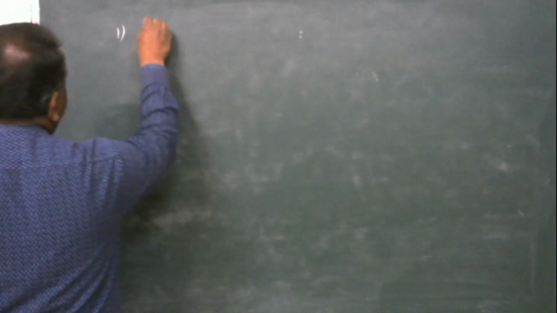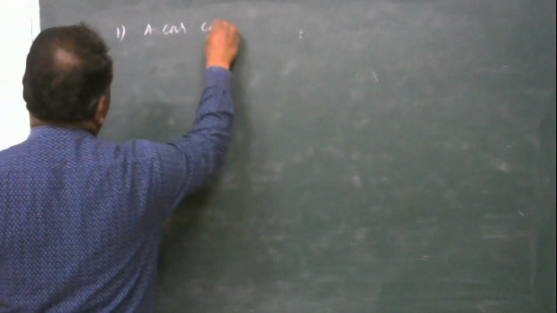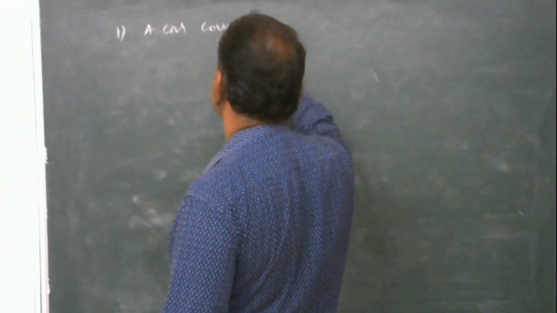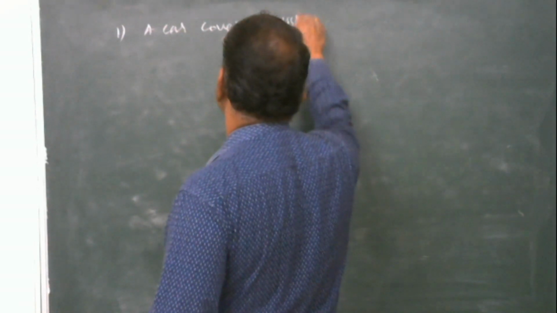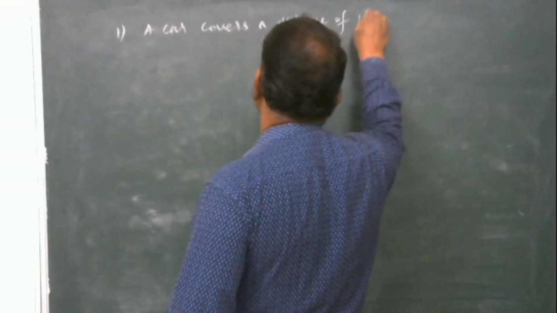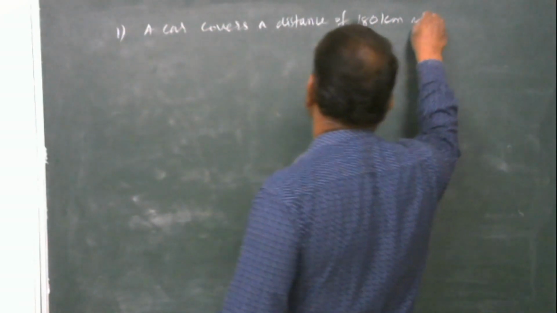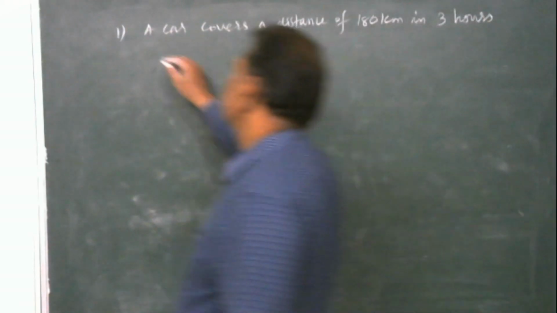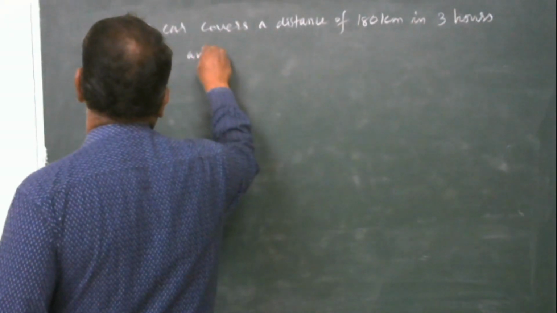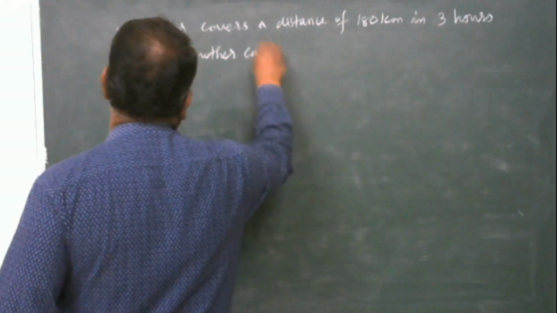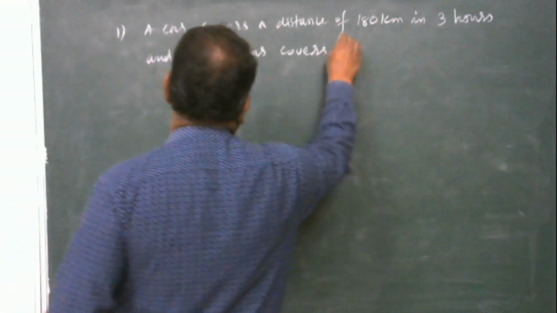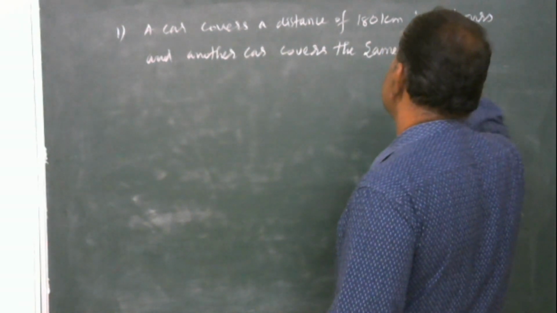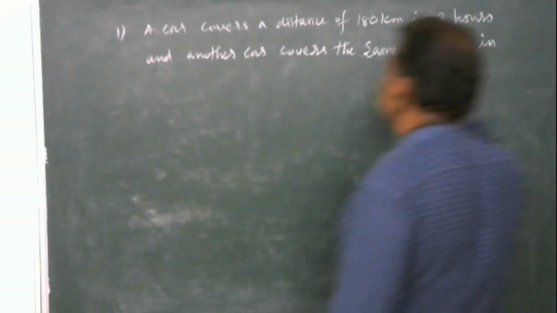First problem. Suppose a car covers a distance of 180 km in 3 hours, and another car covers the same distance in 2 hours.